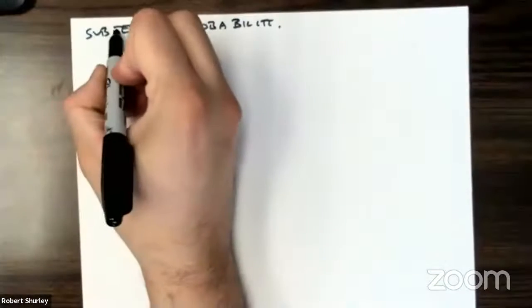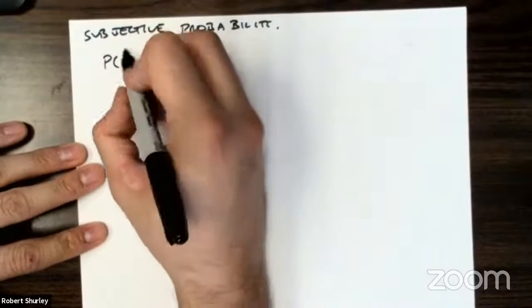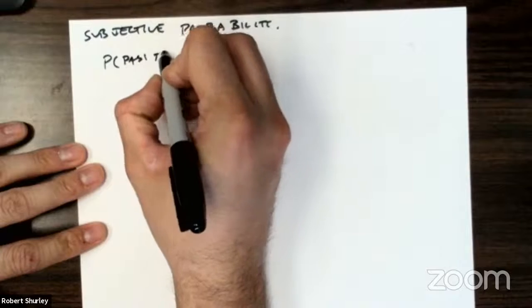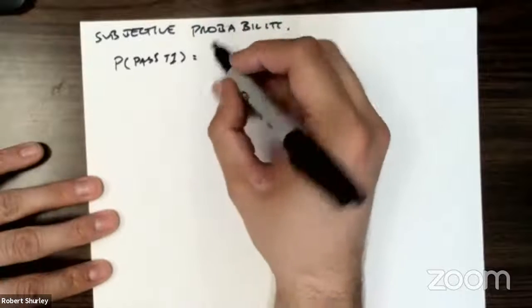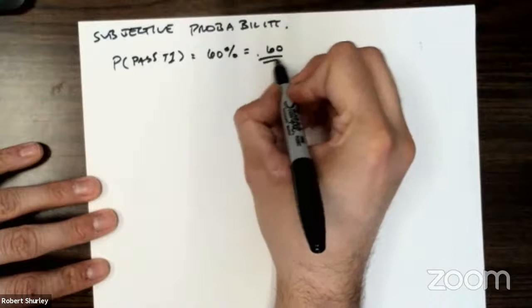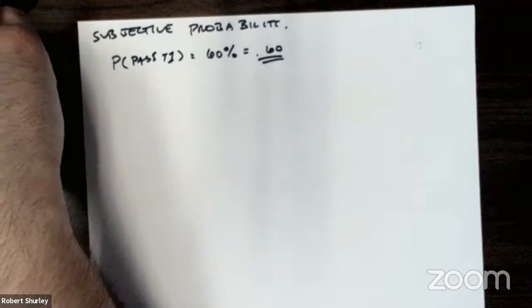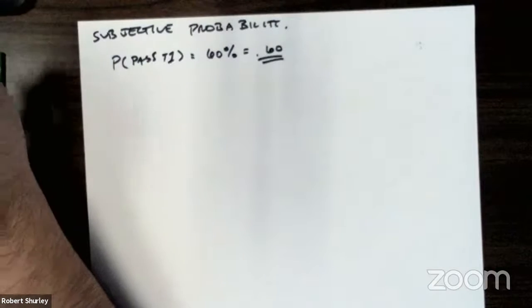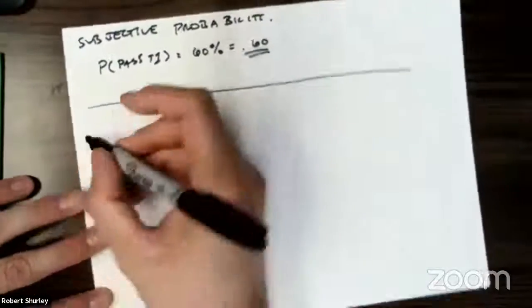In my college algebra class, when I give the first test, I could actually find this, but I can kind of estimate that the probability of passing test 1 in college algebra is about 60%. Shouldn't write it as a percent, right? 0.60. And that's purely subjective.